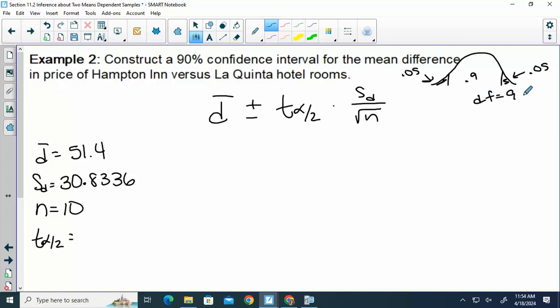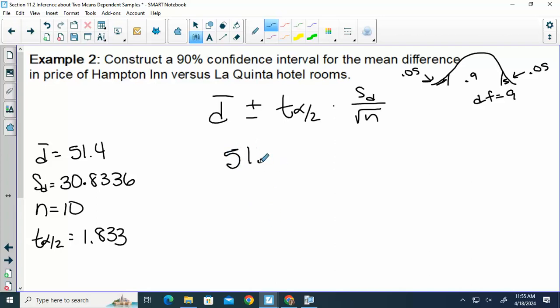So you go to your table, the T distribution. We are looking at 9 degrees of freedom. And the 0.05 gives us a T of 1.833. Technically because it's two-sided, that's plus or minus, but the plus or minus is already built into our formula, so we don't really have to worry about that.